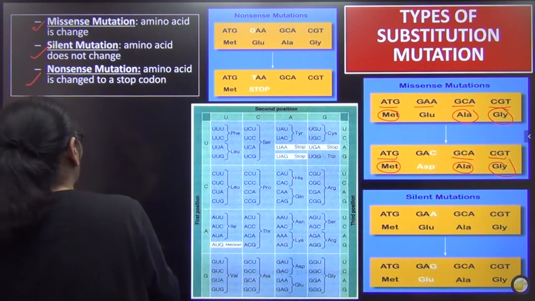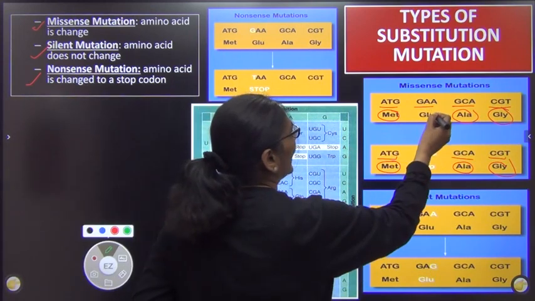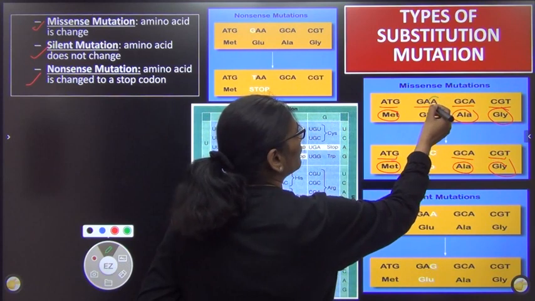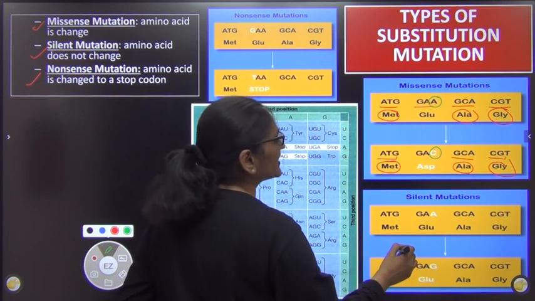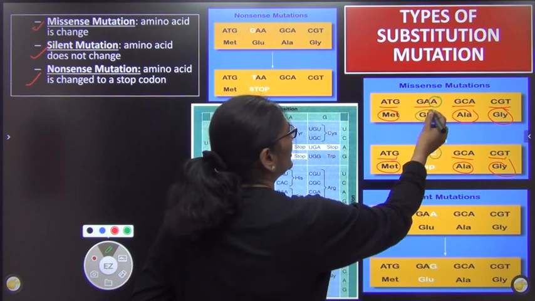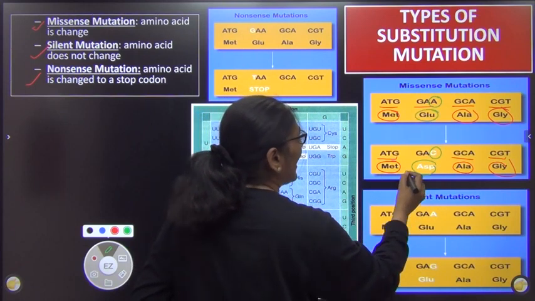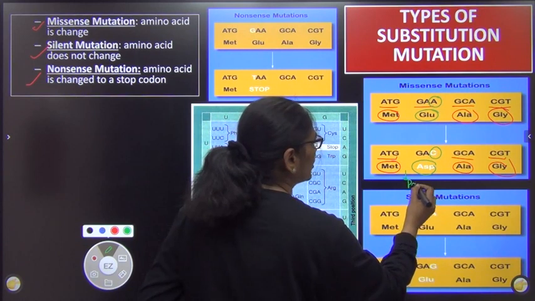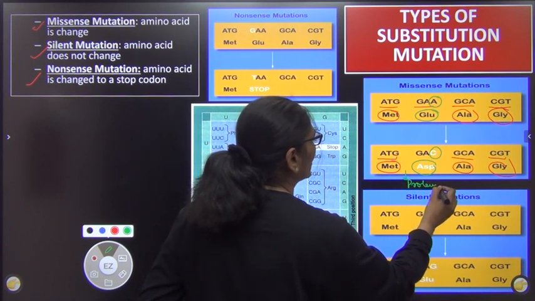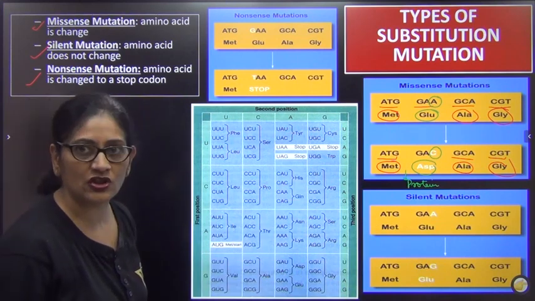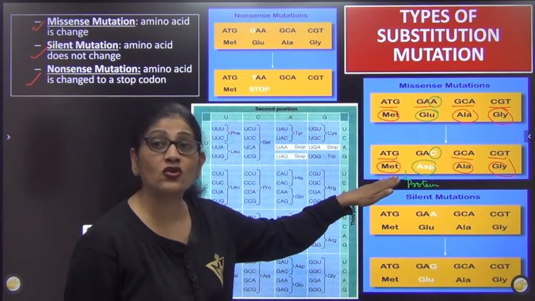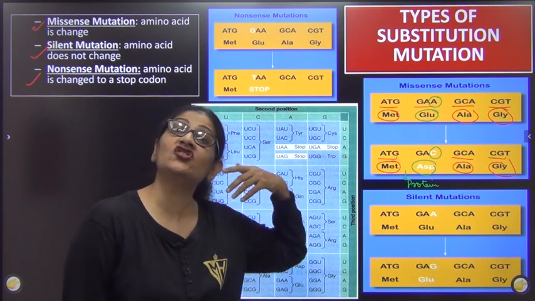There has been just one change, and that is in the second codon, where adenine has been replaced by cytosine. As a result, the corresponding amino acid has also changed. Hence, the protein has changed, leading to a change in phenotype. This type is called missense mutation. That means the sense of the gene has changed.